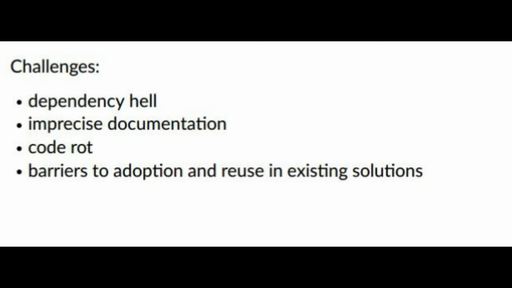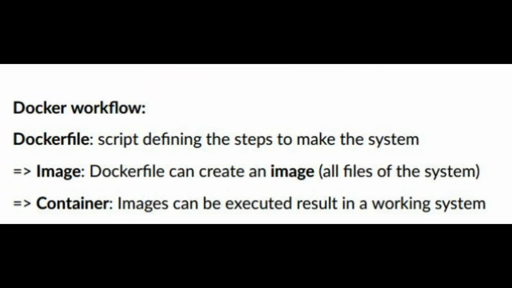Basically, they're nested within each other. So I'll explain. A Dockerfile is a script which creates the Docker system inside your computer. It creates an image, which basically pertains to all the files in the system that you will be downloading.